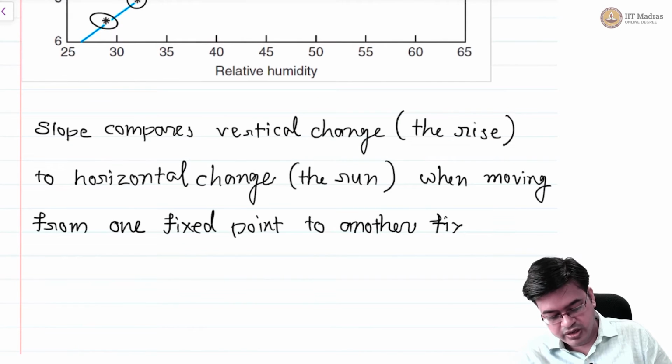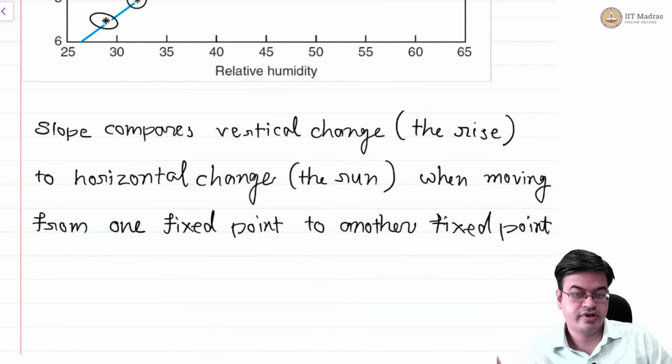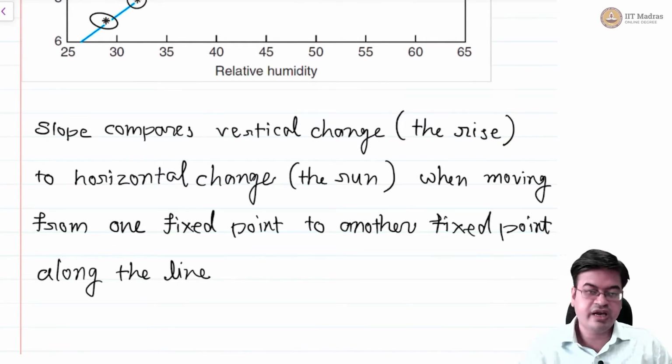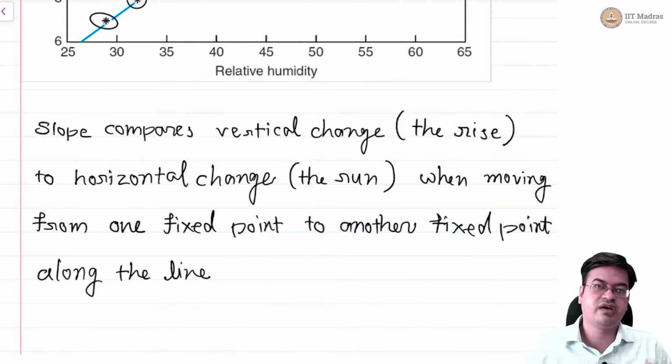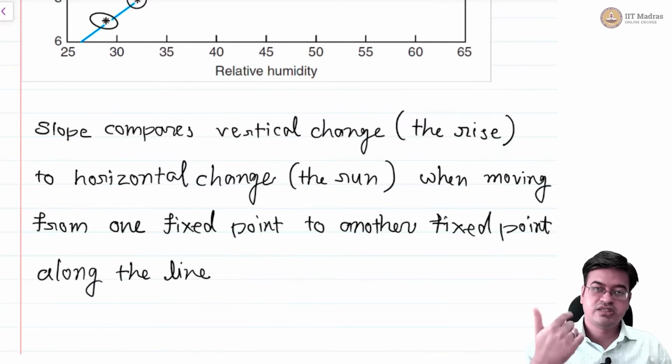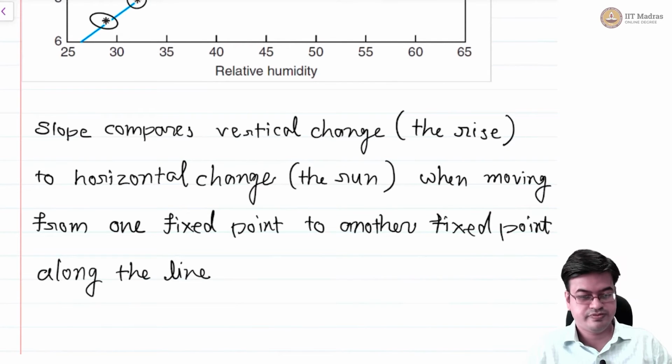We are moving along the line. So it is important to mention here that when we are moving along the line, if I am covering x units in the horizontal direction and y units in the vertical direction, then the change in y upon change in x is the slope.